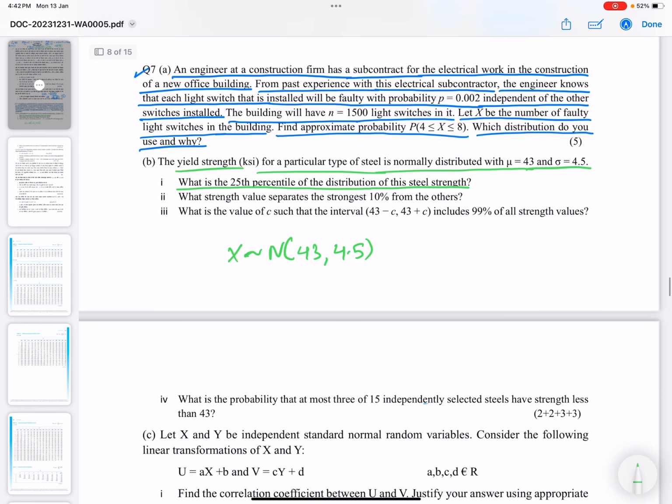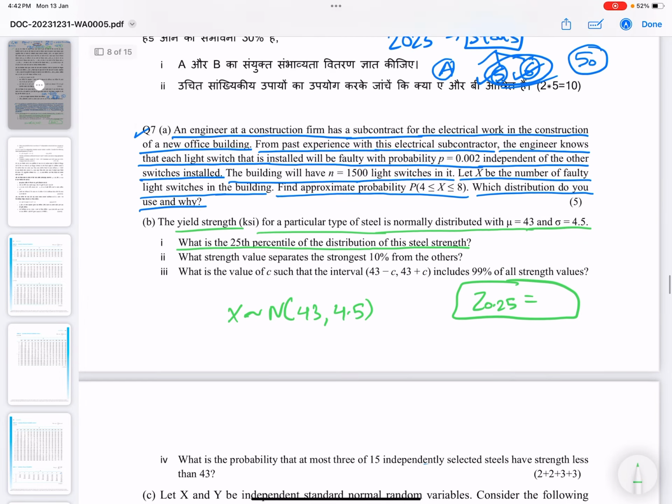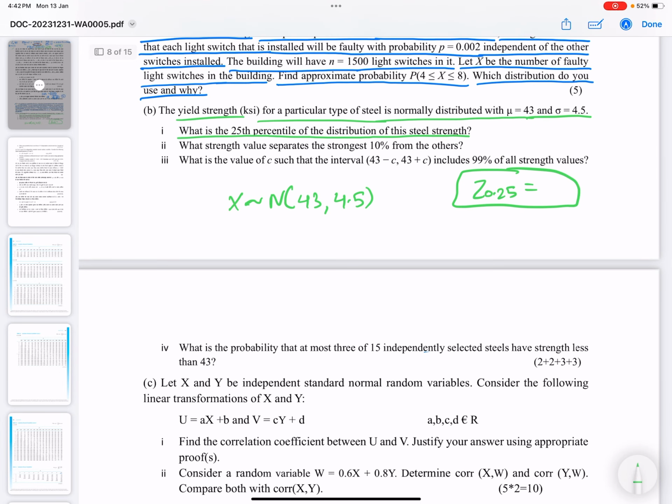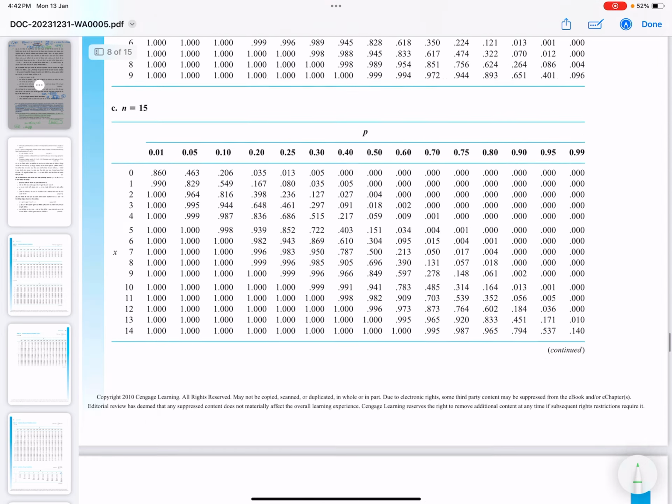So we need to find the value of z. With the help of the table, we have (x minus 43) divided by 4.5 should be equal to the z 0.25 value. This we'll find with the help of the table. I'll tell you how we are supposed to find it.